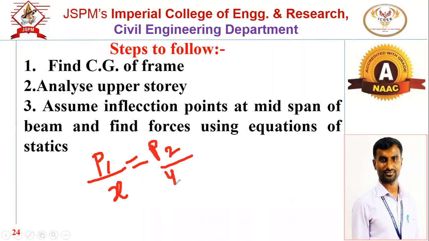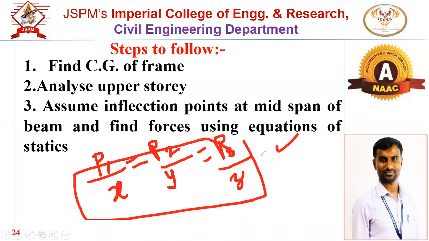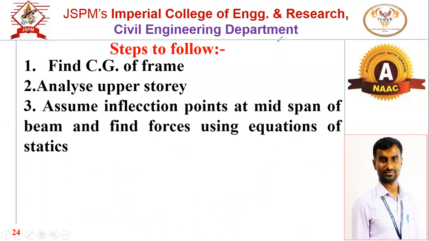It is proportional to its centroidal distance, which is equal to axial force in column third is proportional to the centroidal distance z. So one relation you will get using third assumption.